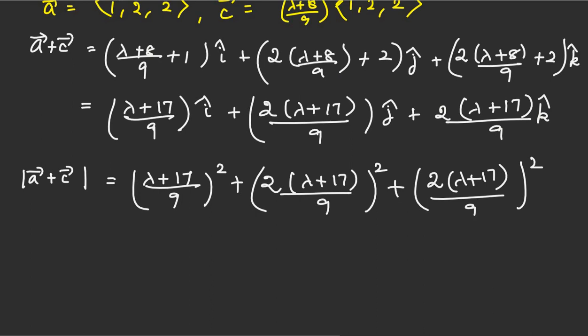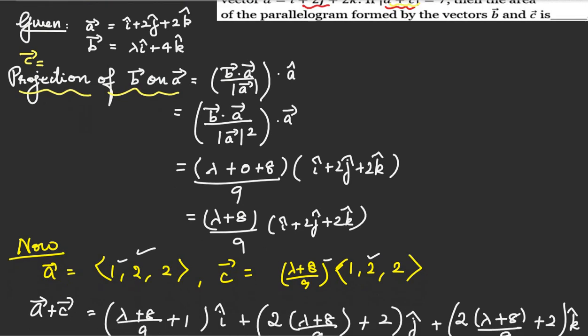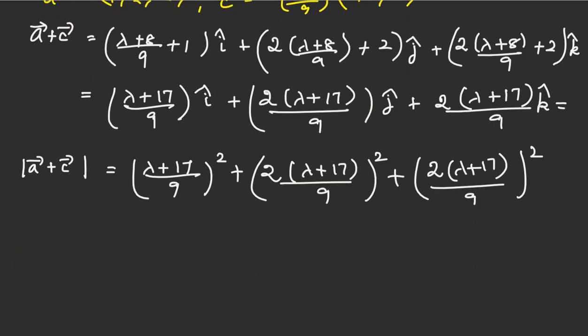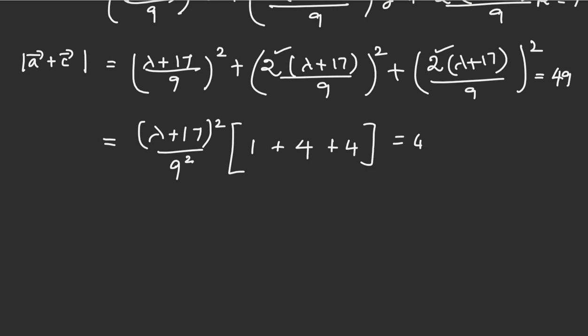Now let us see what is given in the question: mod of A plus C is equal to 7. So I equate mod of A plus C to 7, so mod squared is 7 square, which is equal to 49. That is lambda plus 17 by 9 whole square, denominator 9 square, into 1 plus 2 squared is 4 plus 2 squared is 4, which is equal to 49.